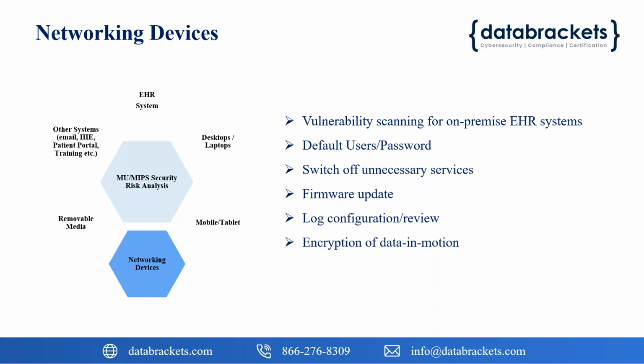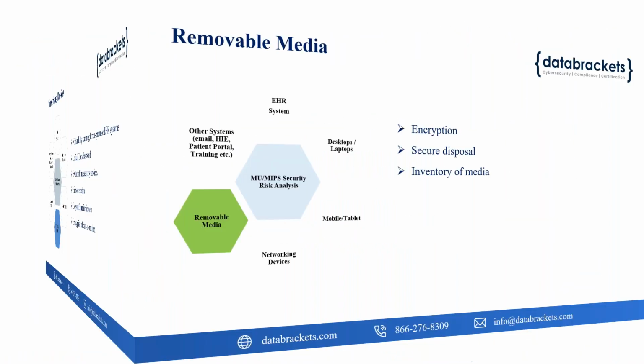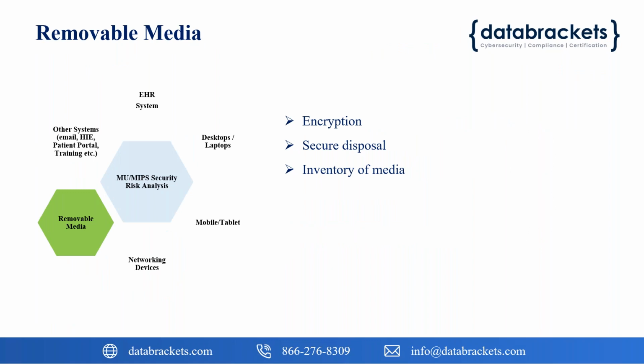You can just look at the make and model, and then Google the default username and password. If you don't change it, then anybody can access it. And then of course, the firmware updates, configuring the logs, and encrypting the traffic, and all those things are pretty important as well.